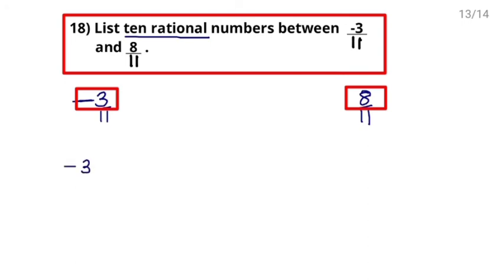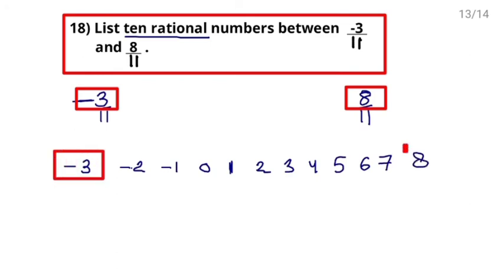चेक करो. -3, -2, -1, 0, 1, 2, 3, 4, 5, 6, 7, 8, right? -3 is already given, 8 is already given, right?